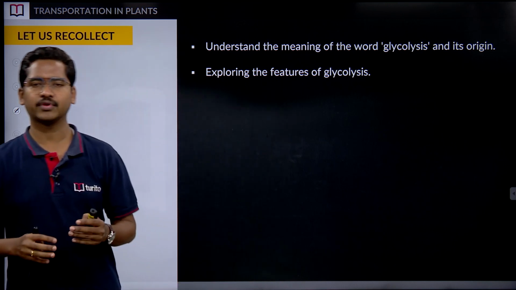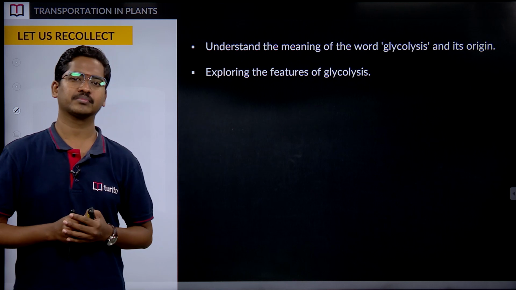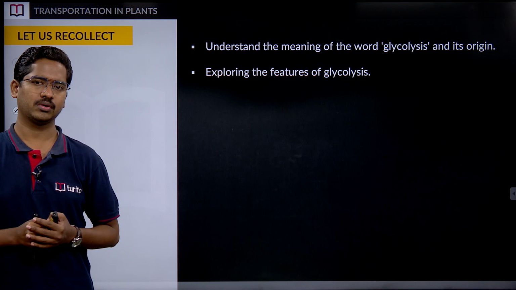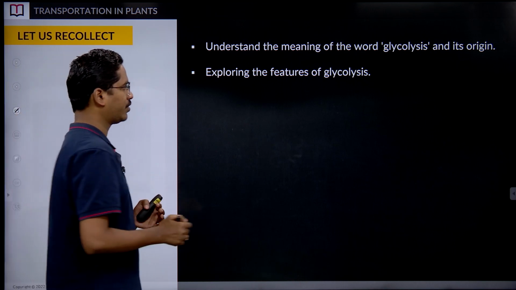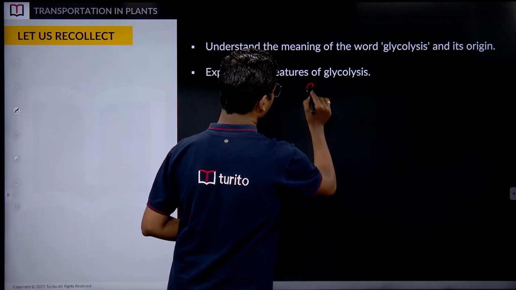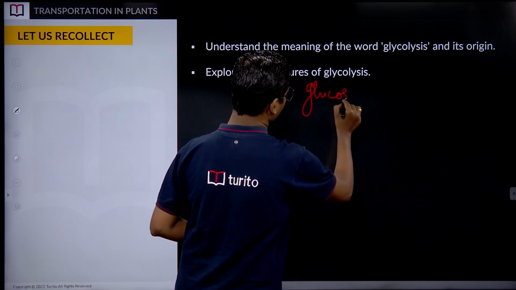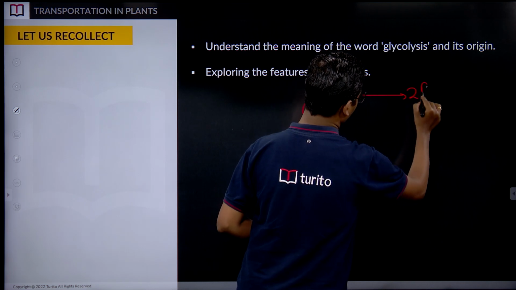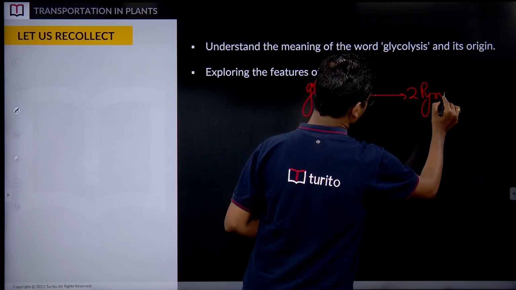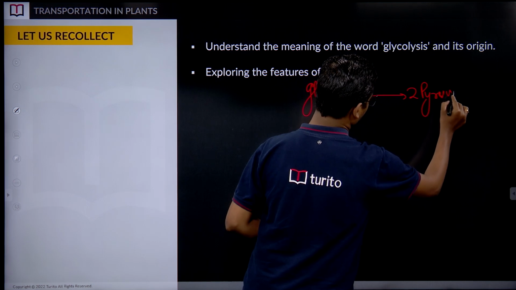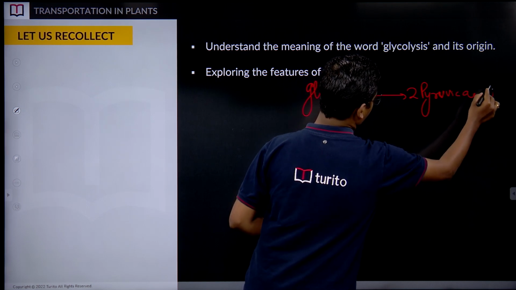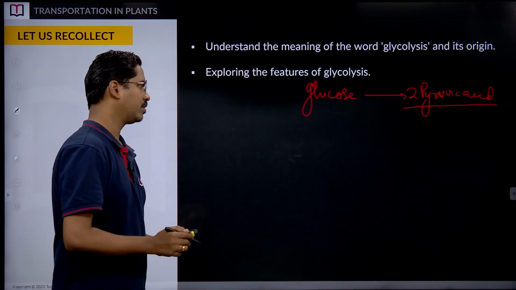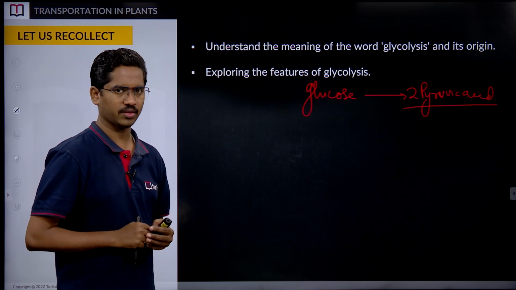So, what is the product when the glucose splits up? Correct. I see many of you dropping the answers. So, when glucose undergoes glycolysis, it splits into two molecules of pyruvic acid, right.